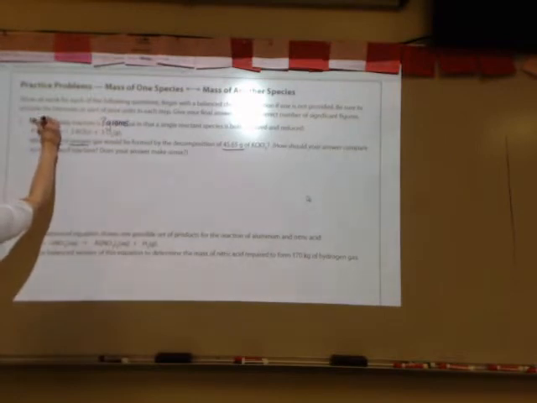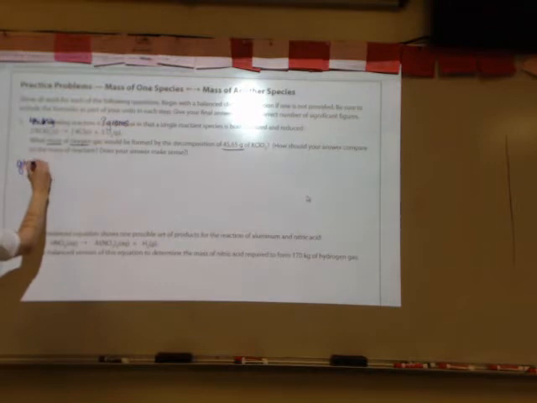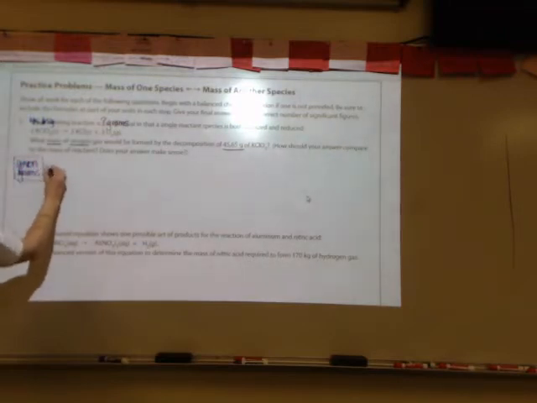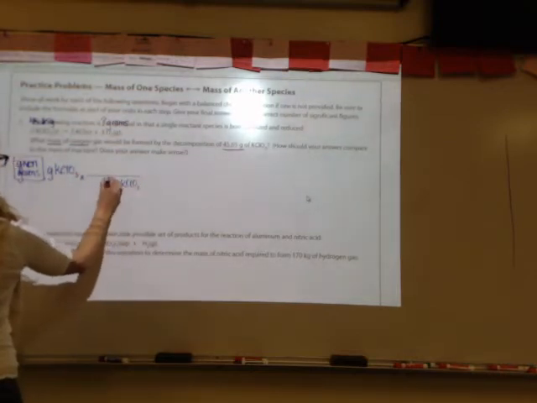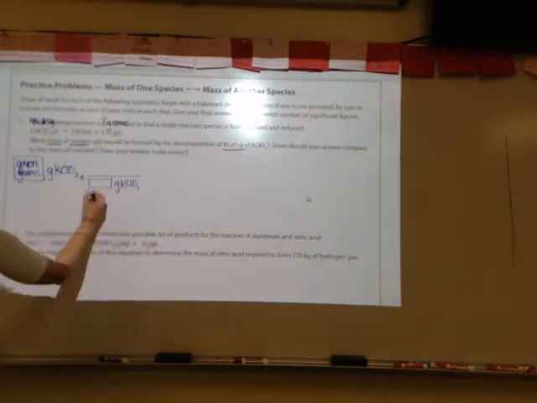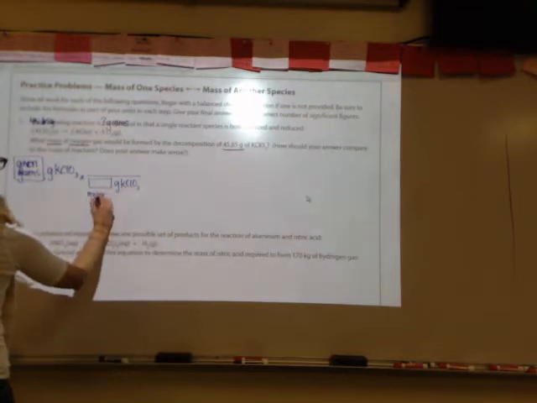45.65 grams of KClO3. Okay, now I am converting my grams, and I'm just going to give you a little setup here so you understand. I'm going to be given grams of some substance. In this case, it was grams of KClO3. Then here, the number that goes here is going to be your molar mass of KClO3.